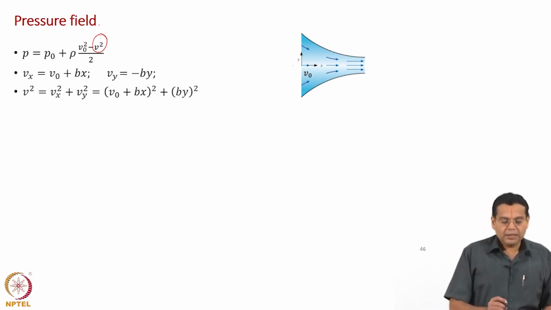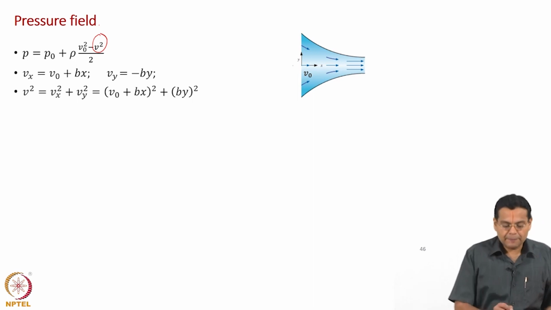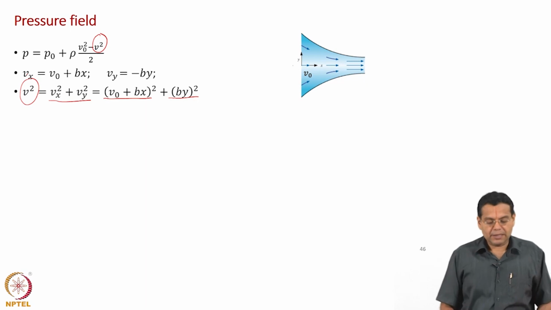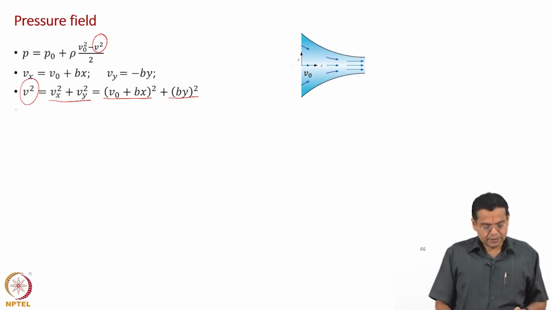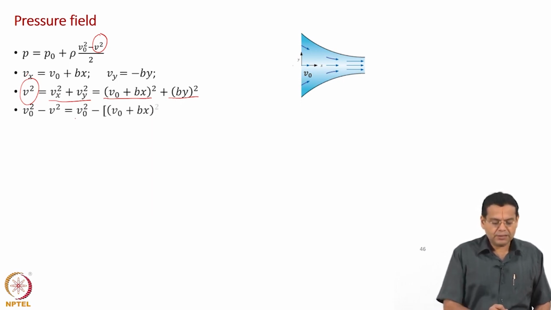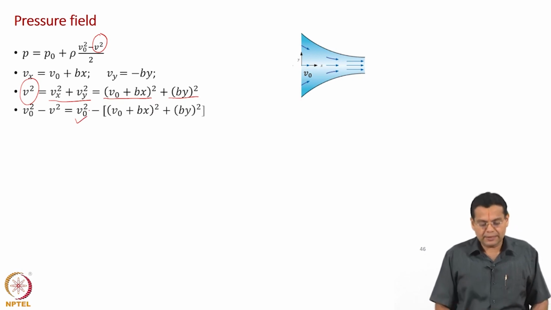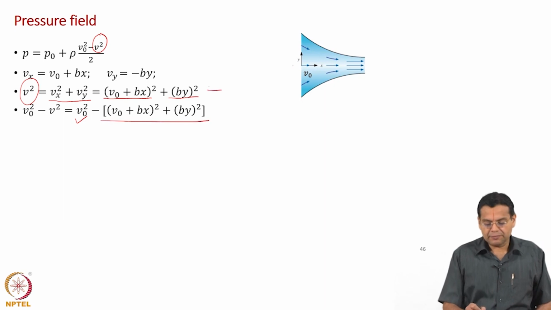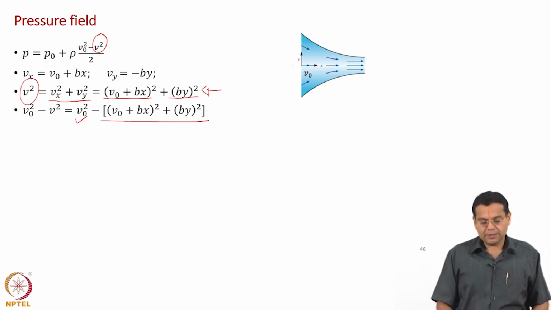So how do you find V squared, which is Vx squared plus Vy squared. So we substitute for Vx, we substitute for Vy, so I can find out the square of the magnitude of the velocity. So what we want on the right hand side is V naught squared minus V squared by 2. V naught squared is given to us, it is the velocity at x equal to 0, y equal to 0. We have this term which I have found out in the previous step in terms of x and y.